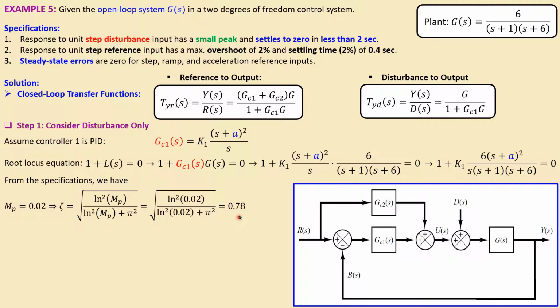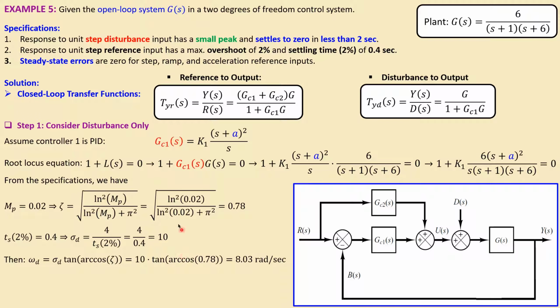So we have then 0.78 for our damping ratio. The settling time is 0.4 seconds or 400 milliseconds. Again, using this formula for the settling time with the 2% criterion, will give you sigma d, which is the real value of our design point that we will determine, also called the absolute damping.